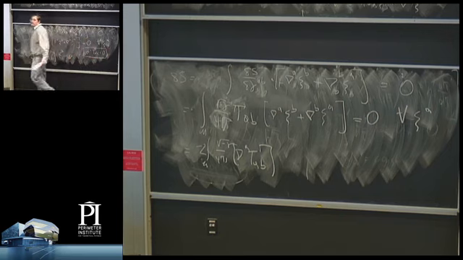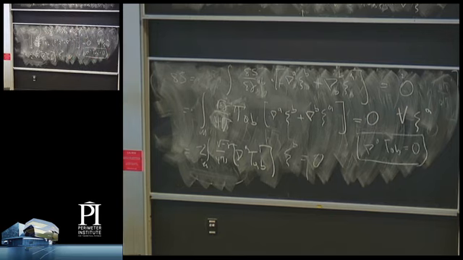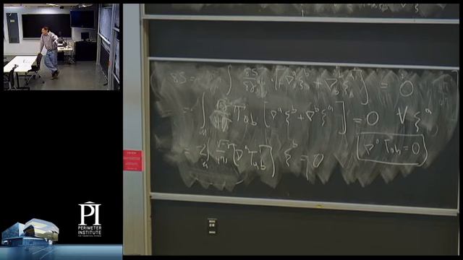Again, I'm emphasizing that these properties of the world-sheet stress energy tensor, namely the conservation and the tracelessness, are just consequences of the symmetries that we impose. All right, guys, so that's it.